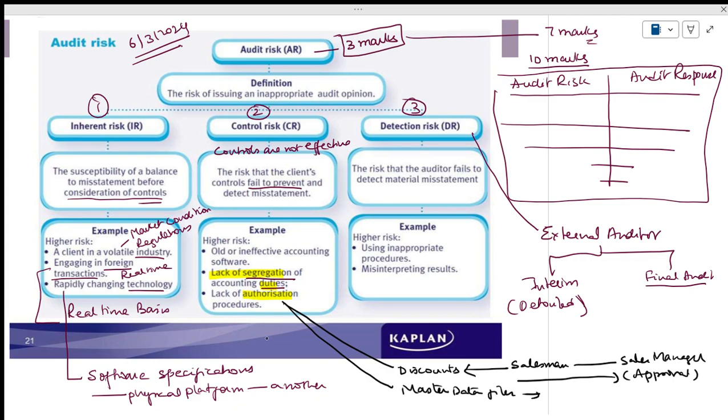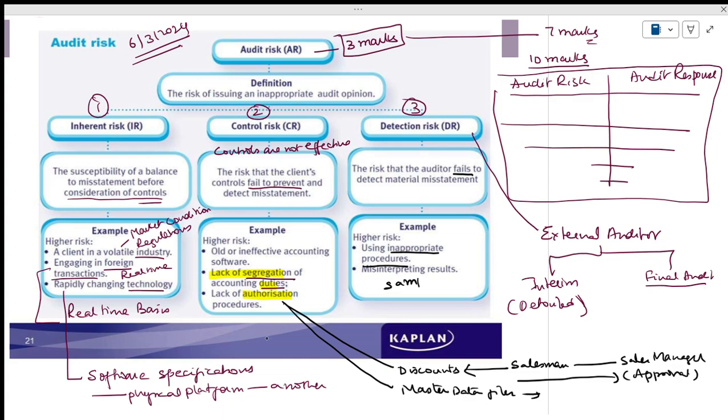Next, detection risk. It fails to detect material misstatements. When it fails to detect material misstatements, what will happen? It means that you are using inappropriate procedures. We are not using the right method, maybe we are not doing sampling.